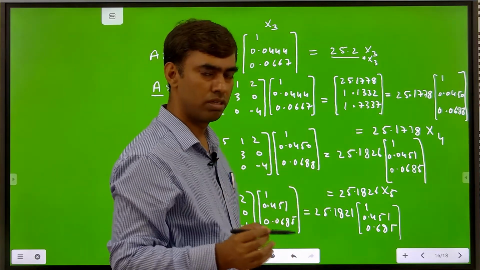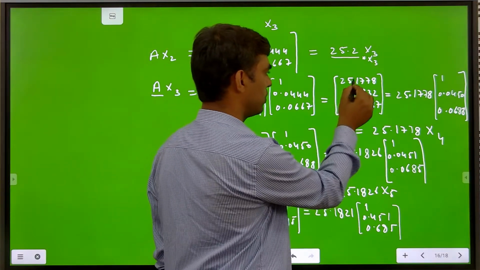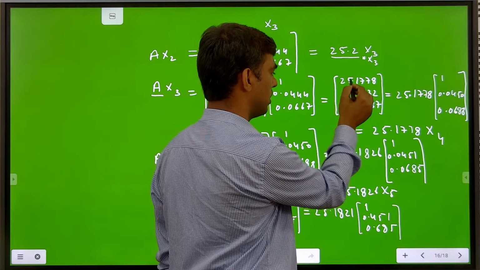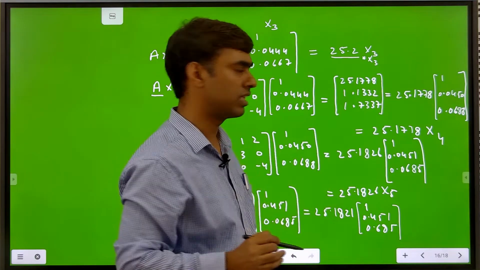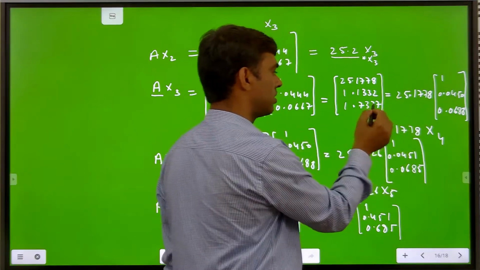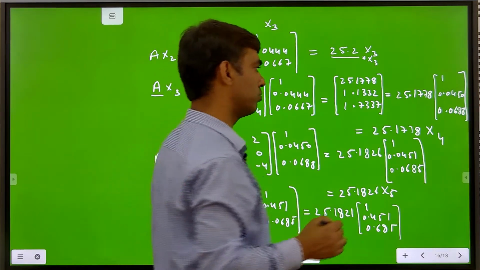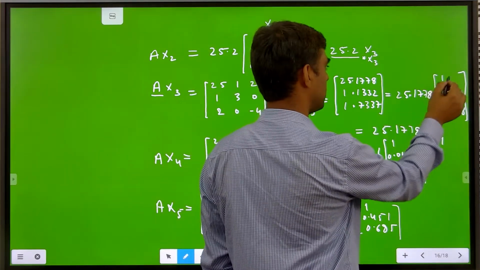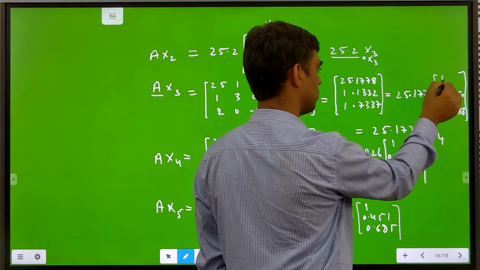In order to normalize the numerically largest element, which among these three is 25.1778, we divide all the elements by 25.1778, so the numerically largest element becomes 1.